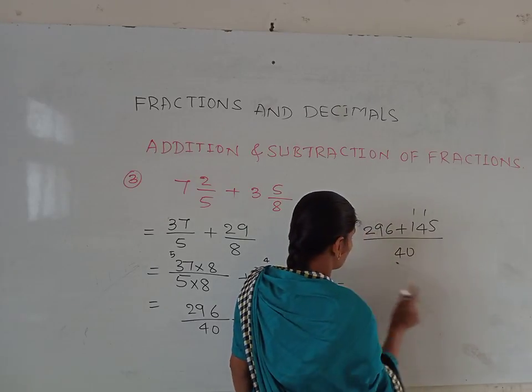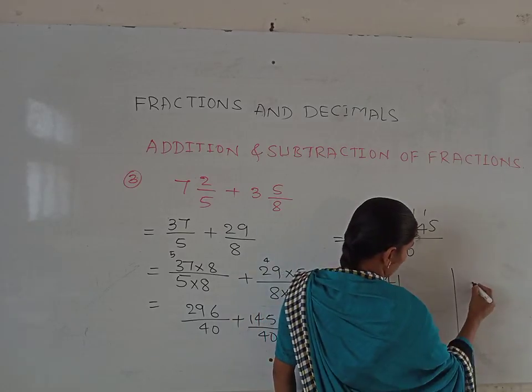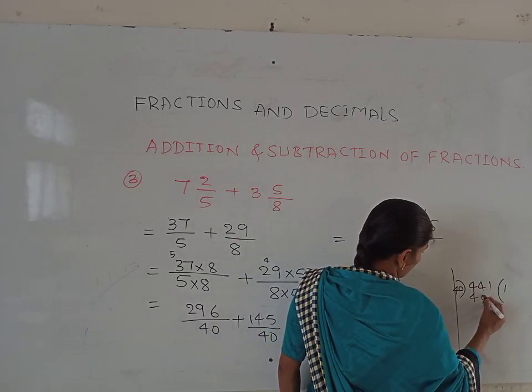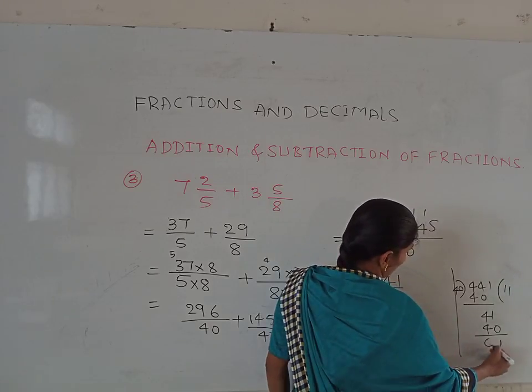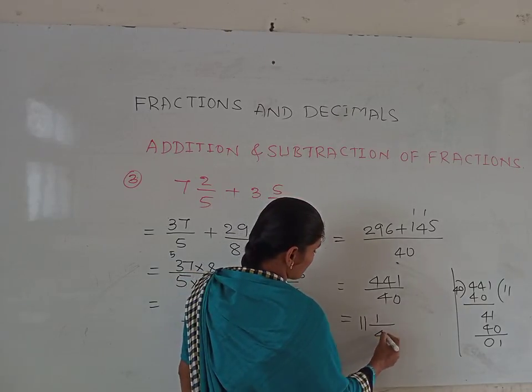Or else, if you don't want it this way, keep 441 by 40 and do the division here. 41 divided by 40, remaining 1. We can write it as 11 integer 1 by 40.